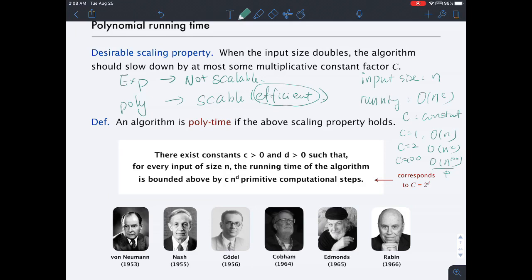So I do want to highlight that what you are seeing here is perhaps the most important message we want to deliver throughout the whole course. Let me just repeat the most important message. When an algorithm runs in polynomial time, then the algorithm is called efficient.